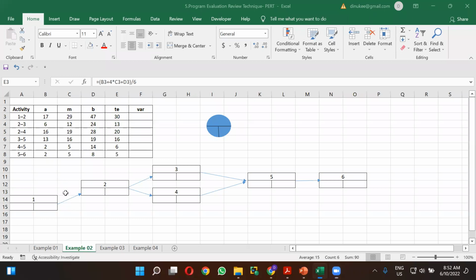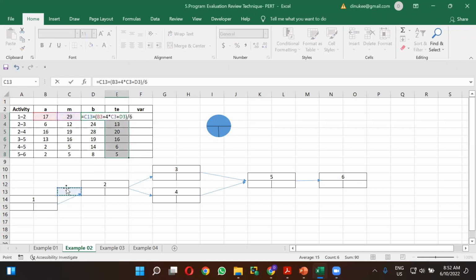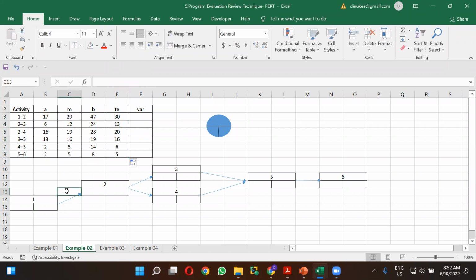So this 30, you can write above the arrow. To complete the 1 to 2 activity, it will take 30 times or days, right? And for the 2 to 3 activity, it will take 30.